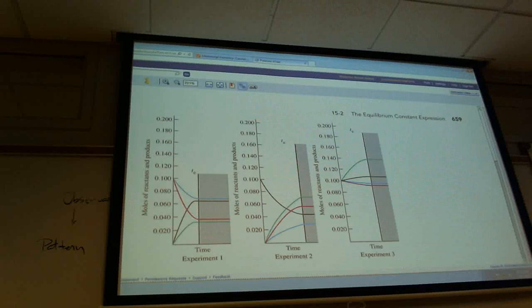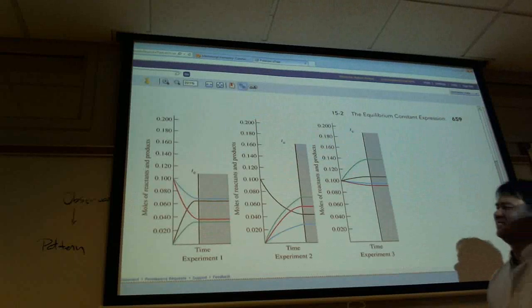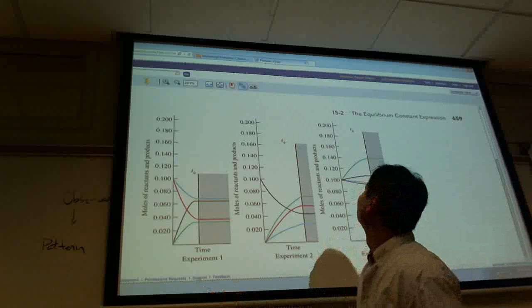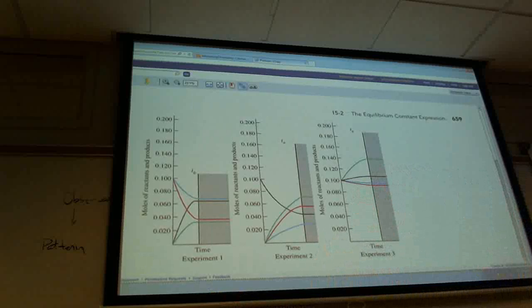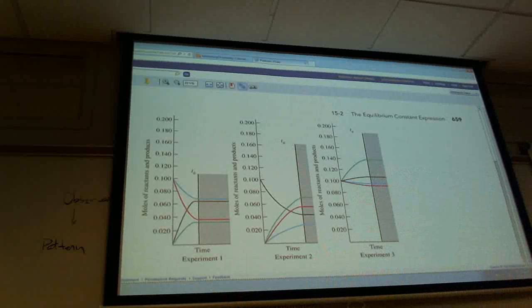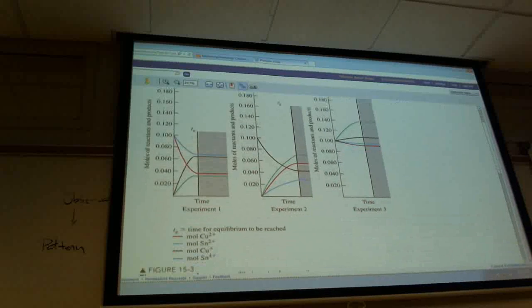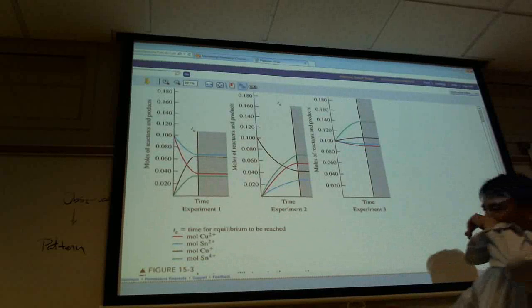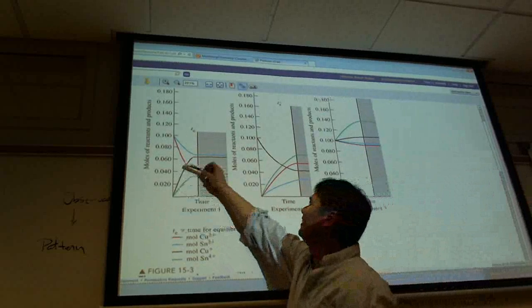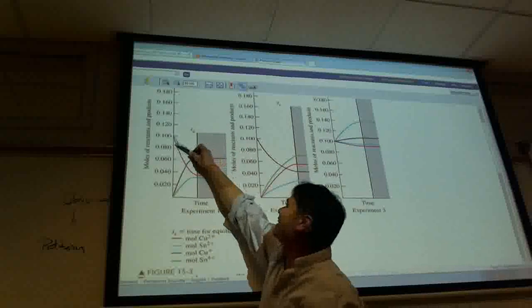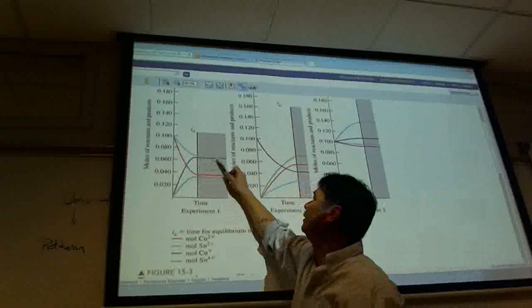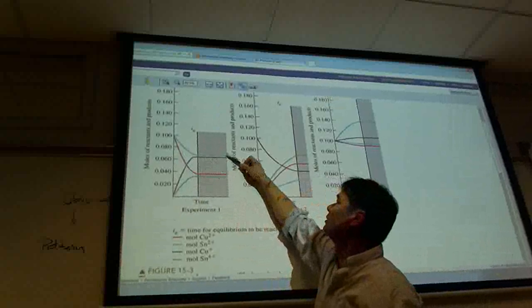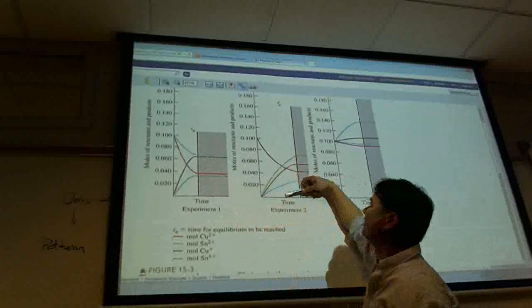So here's graphing these, trying to look for a pattern. So here the blue and the red are the reactants. Reactants get consumed, the products get formed here. And so they just color code it to see, is there a pattern to this?